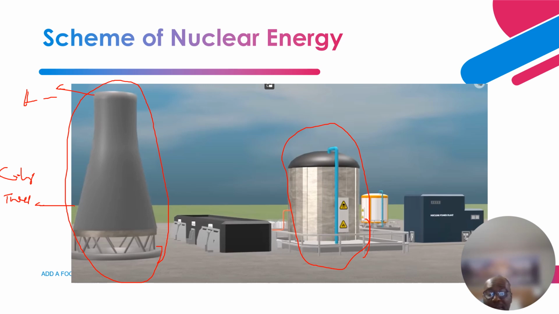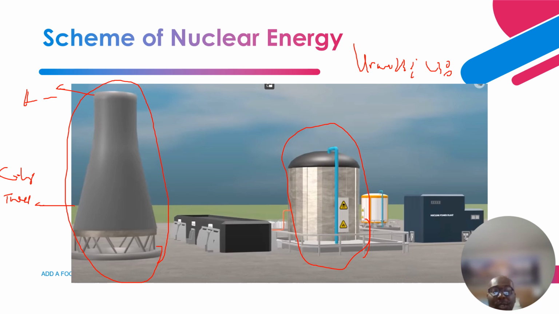So this one contains the uranium 235 and 238 material, and this has been formed in fuel assemblies, tied together in a container, and it is immersed in water. Once it is immersed in water, it creates the nuclear fission reaction.